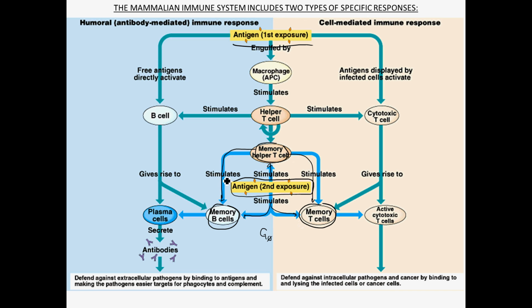When you stimulate memory B cells, they differentiate into plasma cells and you start churning out antibody. When you stimulate these memory T cells, they become active cytotoxic T cells, and you get all the benefits and effects of producing antibodies humorally or of these cytotoxic T cells. So this second exposure is a big deal. You mount this overwhelming response.